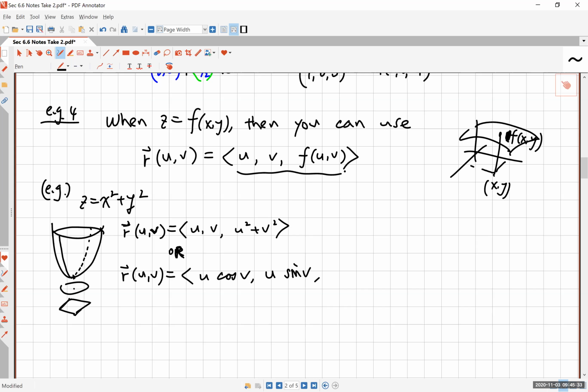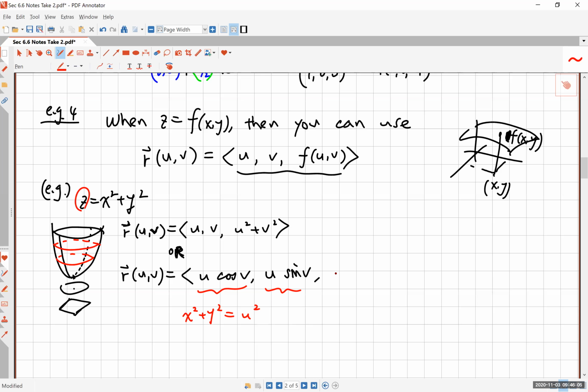The idea is that you see a bunch of circles; every level curve is a circle parallel to the xy plane. So you want x squared and y squared to have cosine squared plus sine squared. If you do this, then x squared plus y squared is going to be u squared, and you want that to be z.